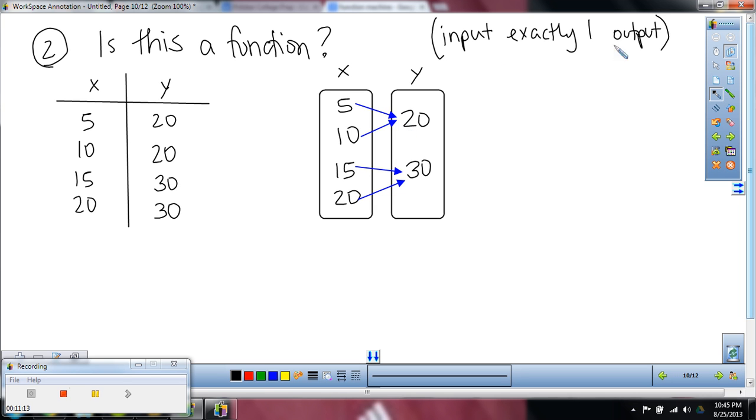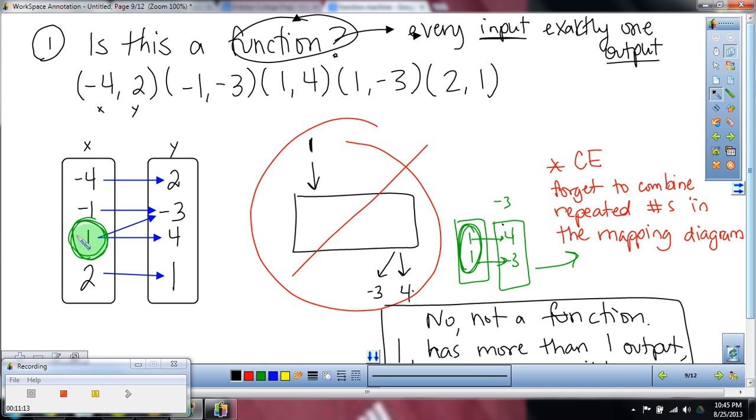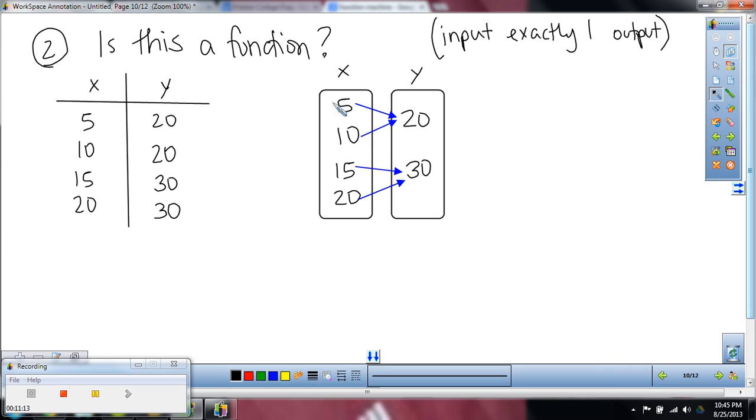Right? You have to think about the definition. In the last example, we had one thing going 2 places. Now here we have 2 things going to one place. That's okay, because again, it's following the definition of a function, that this one thing is going to this one thing. And again, if we think of it in terms of our function boxes, all right, 5 came in, 20 came out, 10 went in, and 20 went out.